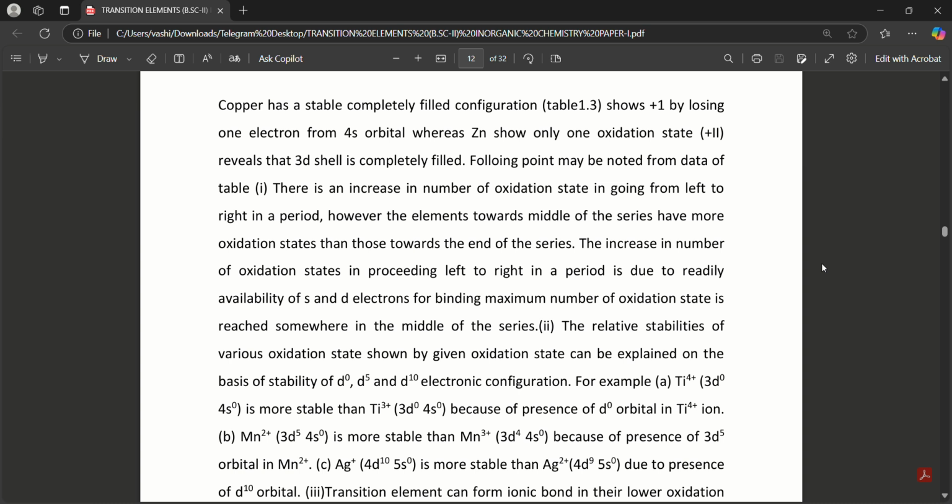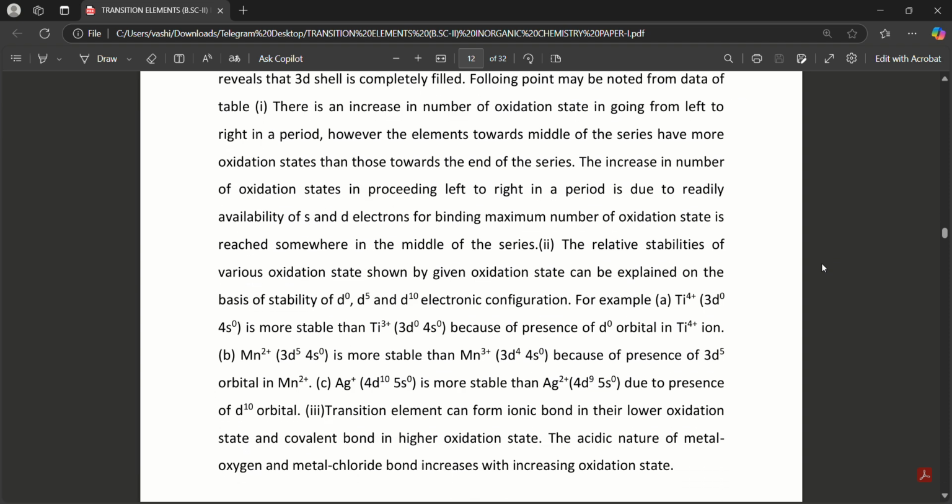The relative stabilities of various oxidation states can be explained on the basis of the stability of d0, d5, d10 electronic configurations. For example, Ti4+ (3d0 4s0) is more stable than Ti3+ because of the presence of a d0 orbital in the Ti4+ ion.